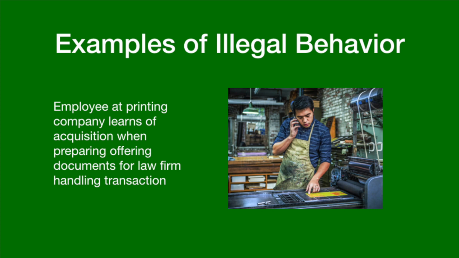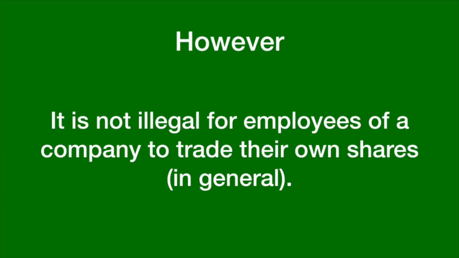The notable point here, I believe, is that the proofreader was not an employee of either company party to the transaction, was not an employee of the law firm, but thrice removed an employee of a service provider. And despite that, the SEC took action against that person, and they were charged and found guilty and fined.